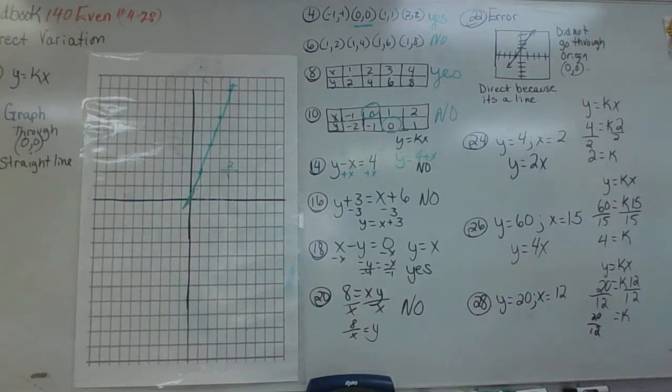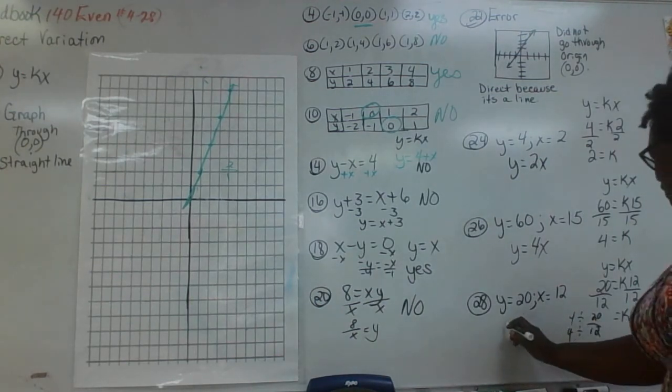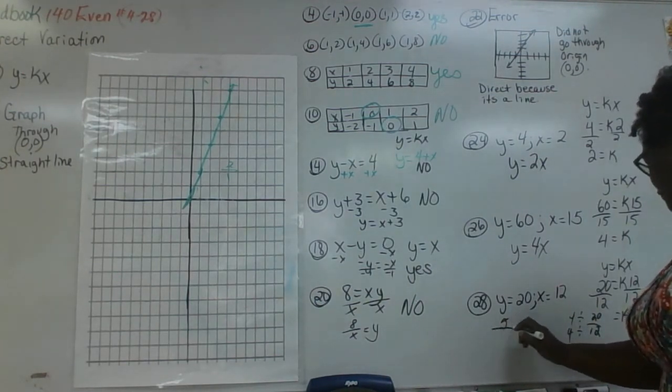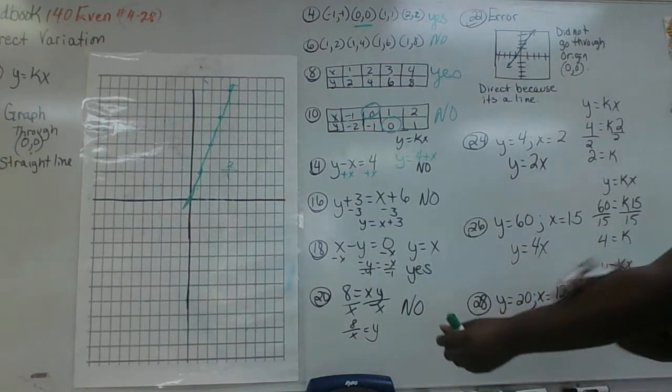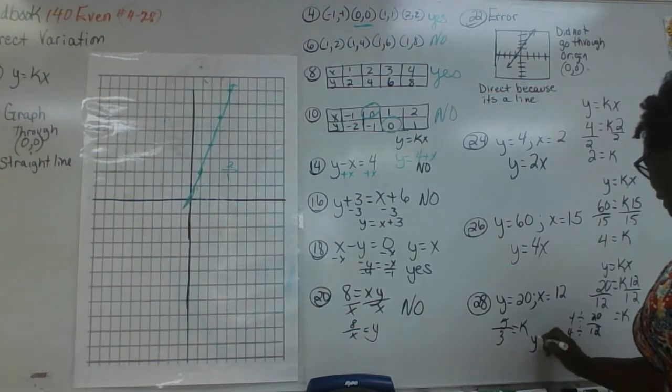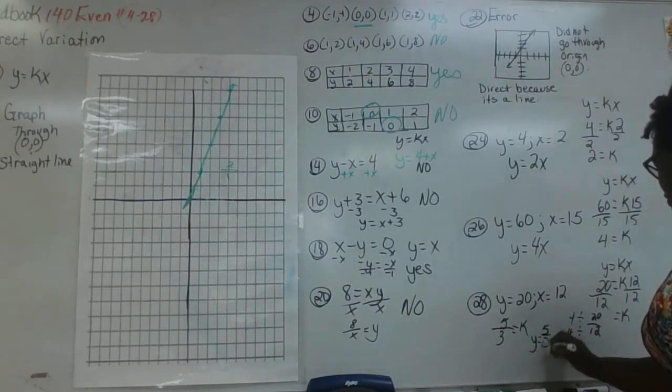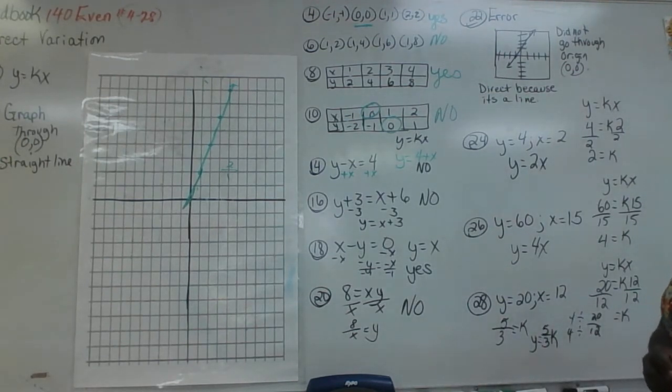We're going to simplify it, dividing by 4. Okay? And therefore, can you see that? Yes. We're going to find out that this is going to be 5 over 3 is equal to k. So our formula is written y is equal to 5/3 x. Right?